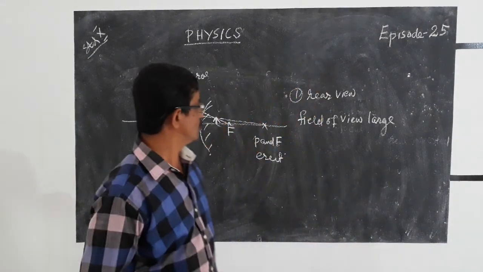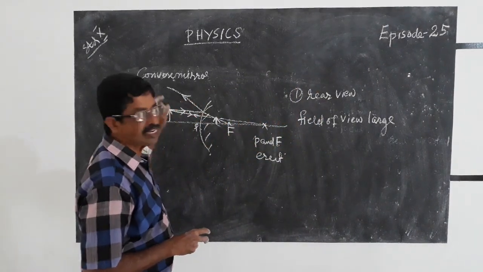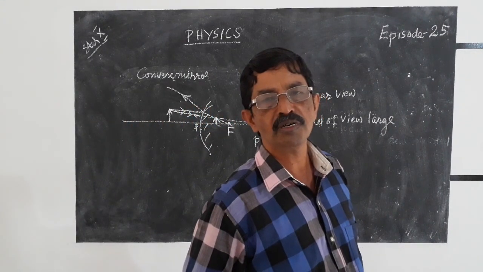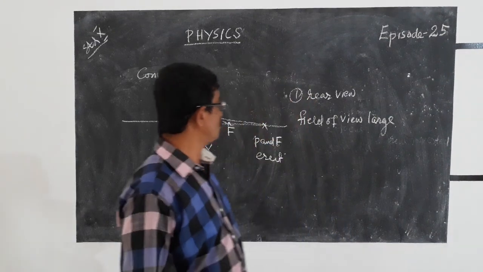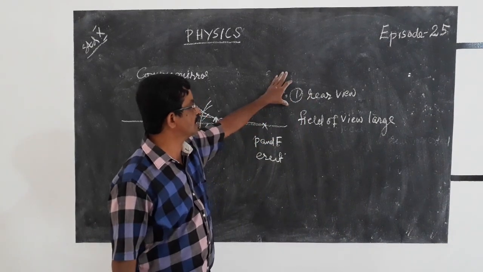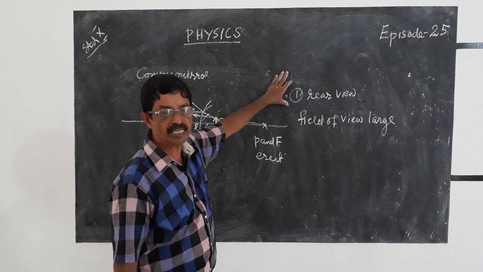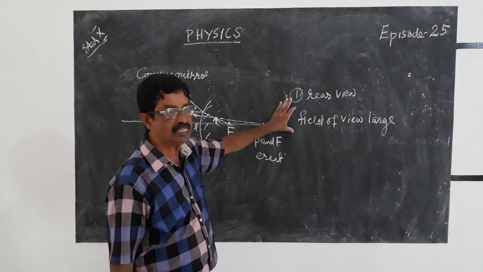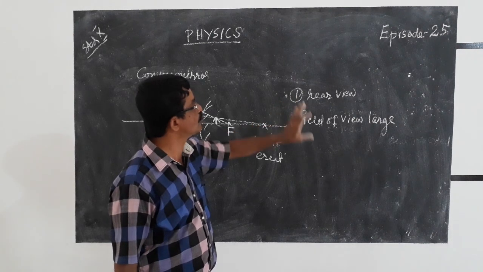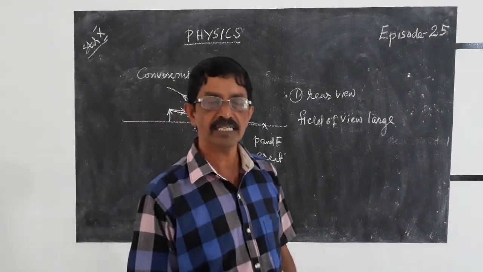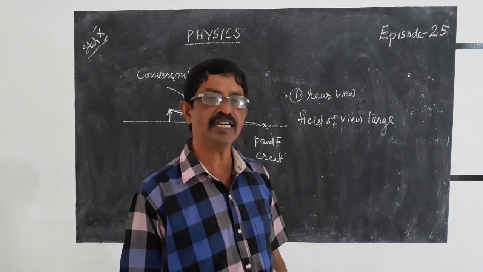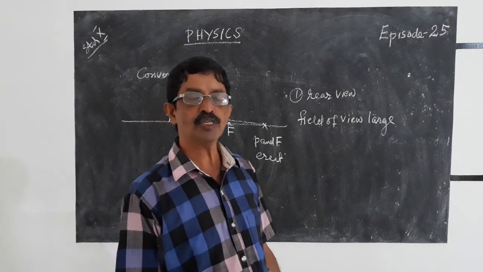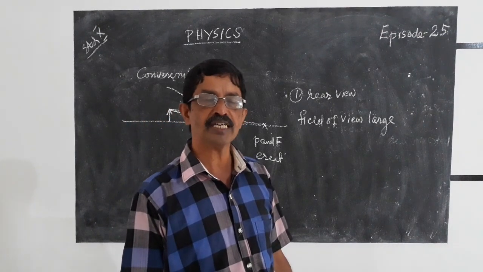So when we remember the uses of a convex mirror, first of all you want to remember it is used as a rear view mirror in vehicles. What is the speciality of using it? Because its field of view is large, a large area can be seen by using this mirror, and also it always forms an erect image.